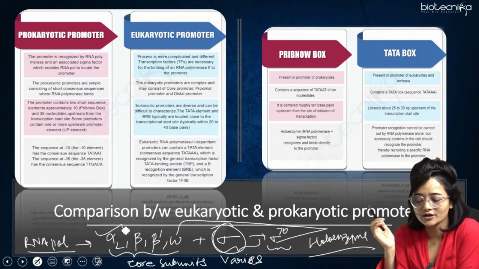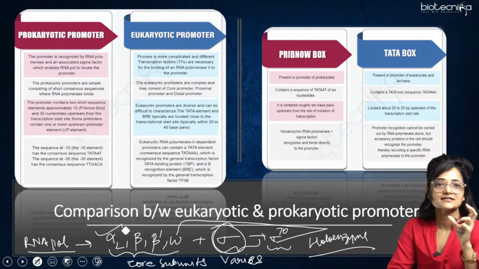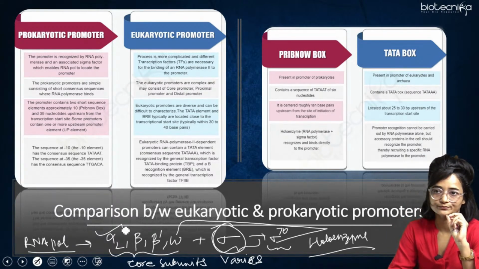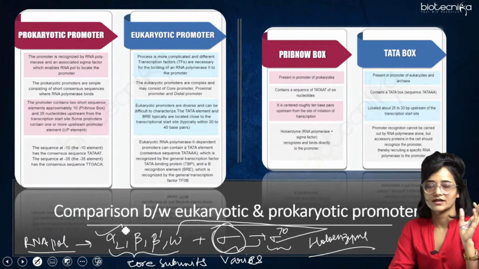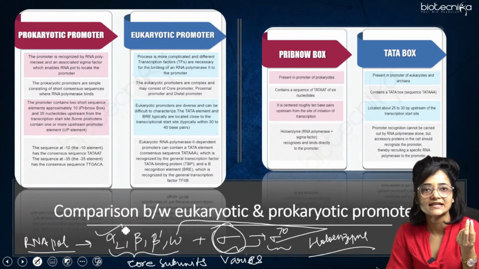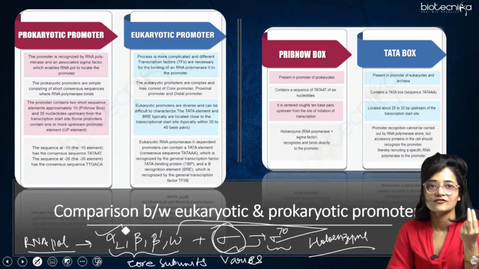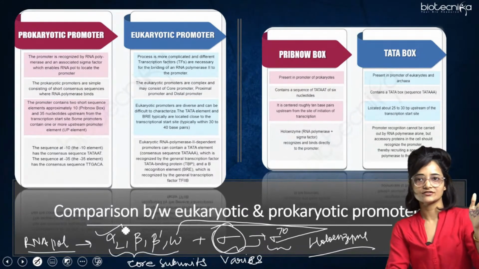Second, the prokaryotic promoters are simple, consisting of short consensus sequences where RNA polymerase binds. So there would be certain consensus sequences present in the promoter region. There is the Pribnow box, which consists of the TATA box, where majorly the RNA polymerase binds, and there is the TTGACA sequence, which is present at minus 35 upstream of the initiator region, right?